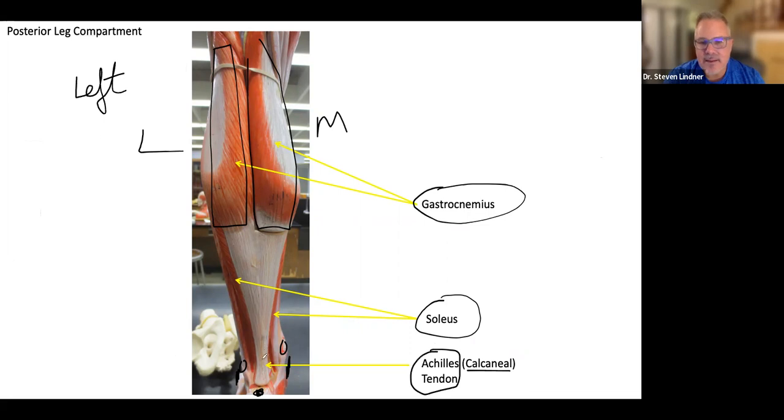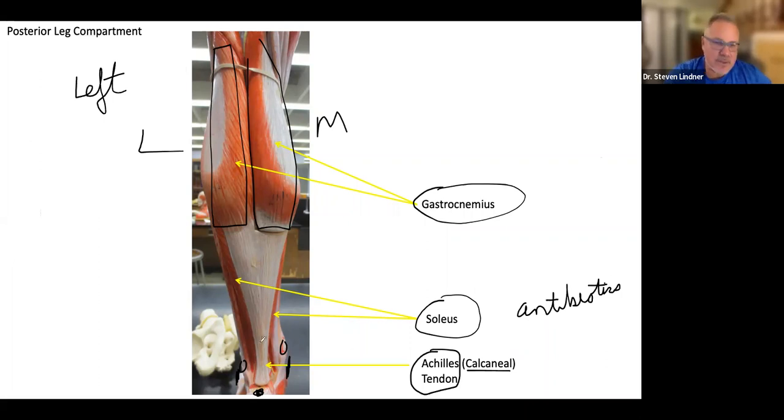The Achilles tendon is the number one tendon in the body that is ruptured. It's the most common rupture in the human body. And you have to be careful with antibiotics, believe it or not. There are many antibiotics known to cause tendinopathies and to rupture tendons.